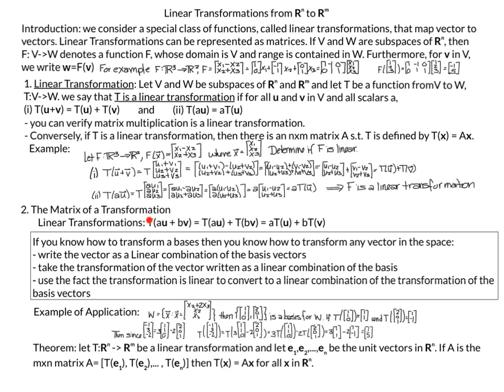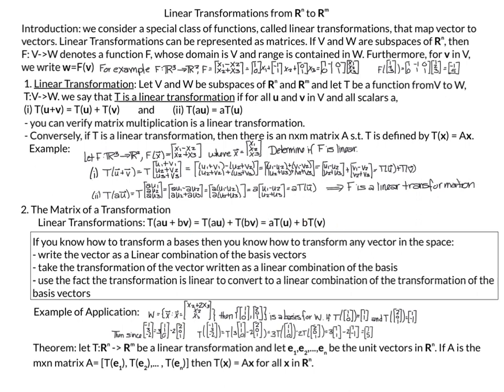We have T of a scalar a times a vector u plus a scalar b times a vector v. Since au is a vector and bv is a vector, we can use this first property to break this up into the transformation of au plus the transformation of bv. Now, since a is a scalar and b is a scalar, we can use this next property to factor out our scalars. And this became really important.